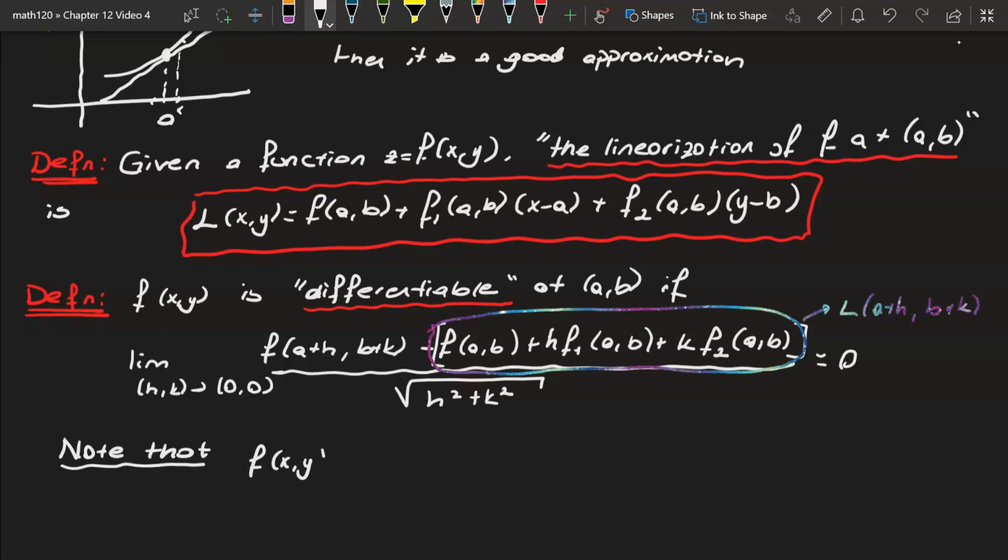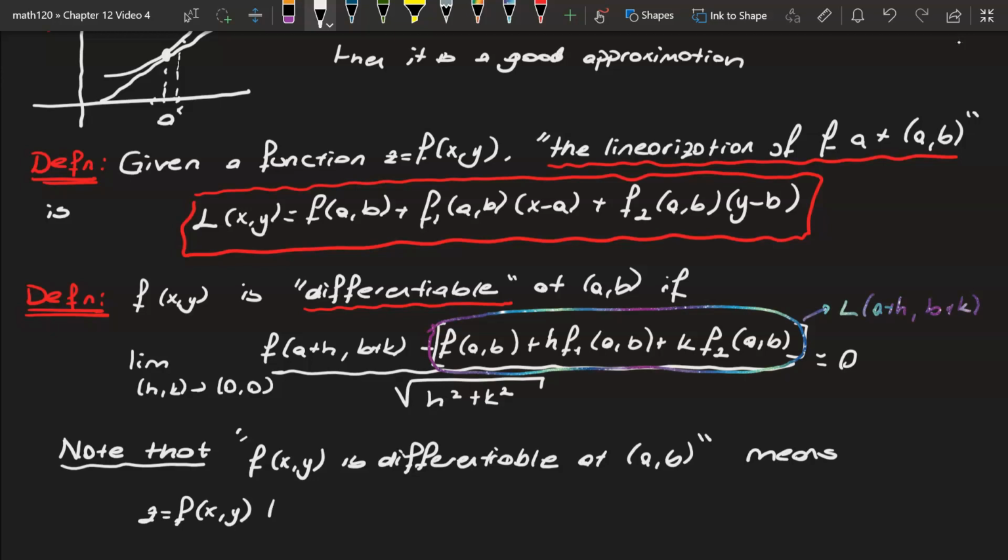f of (x, y) is differentiable at (a, b) means z equals f of (x, y) has a non-vertical tangent plane at (a, b).